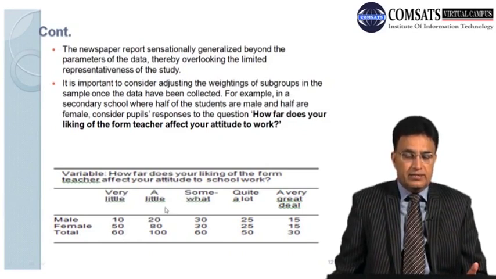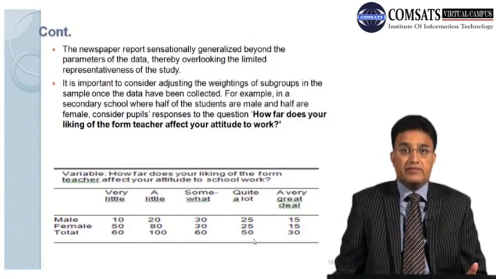A little: male 20, female 80, total 100. Somewhat: male 30, female 30, total 60. Quite a lot: male 25, female 25, total 50. And a very great deal: male 15, female 15, total 30.